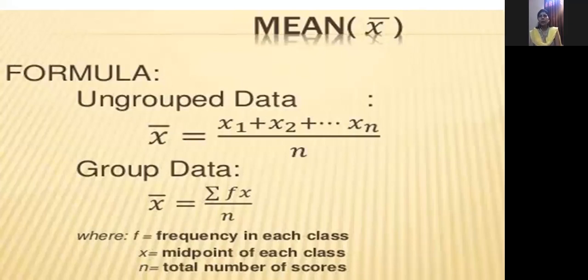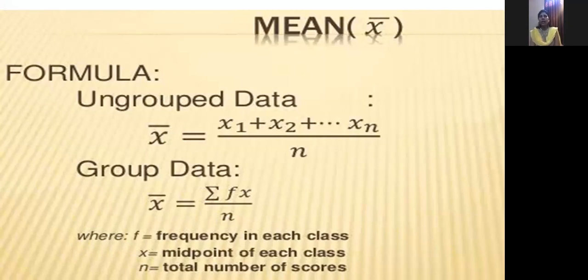Let's understand mean first. What are the formulas used for mean? As I said, mean is used for both grouped as well as ungrouped data. For grouped data we have a different formula, and for ungrouped data we have a different formula. For ungrouped data, mean can be calculated by the formula given in the slides: x bar equals x1 plus x2, and so on up to xn, divided by n.